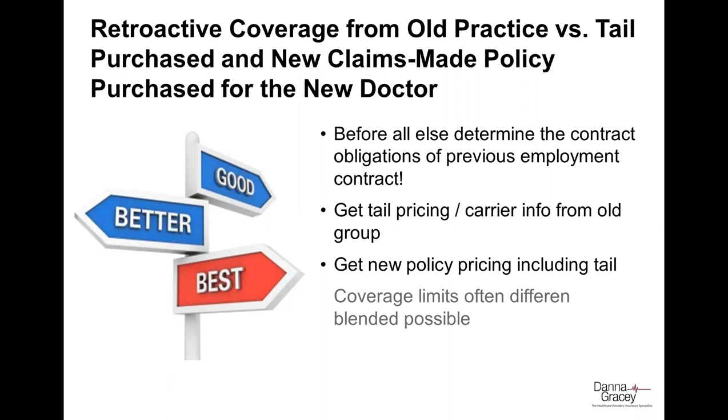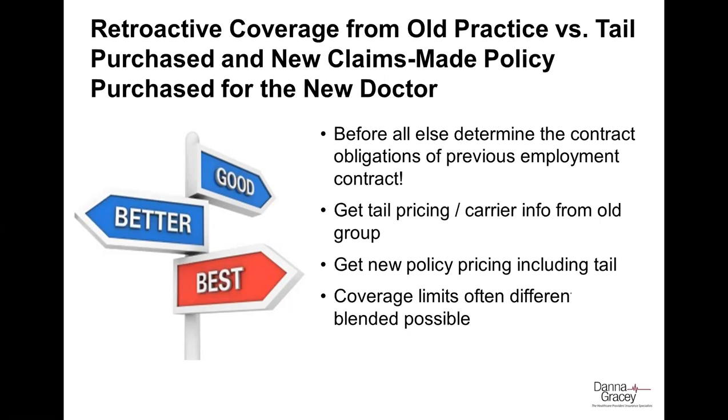Now, there could often be issues about the limits of the coverage too. We often find that doctors moving in from other parts of the country have very high limits. We had one last week. A doctor came in from Chicago and had $2 million, $5 million limits. Well, it's not just unaffordable in Florida, but probably ill-advised as well because of the deep pockets issue.